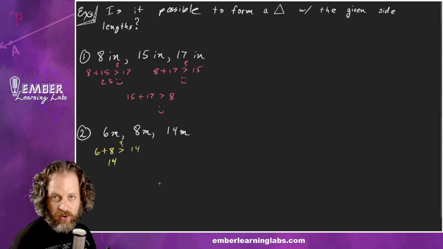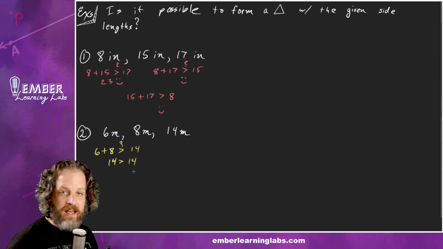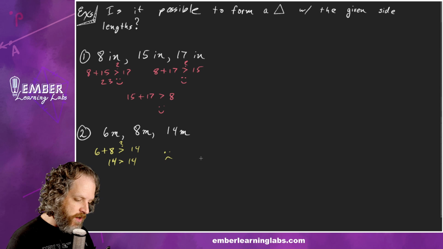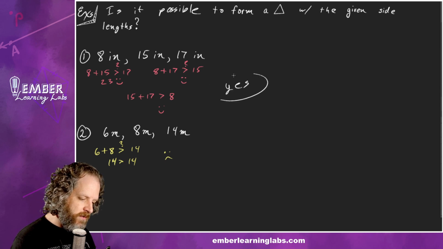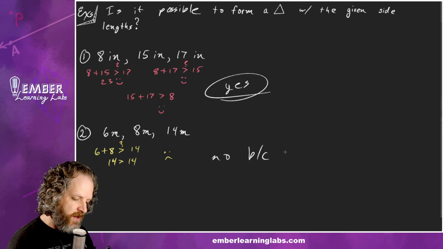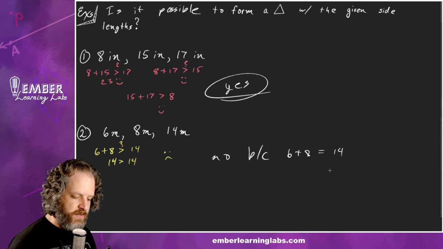So no, you can't do it because 14 is not greater than 14. That is not going to work. So the first one would be yes, and this one would be no, because 6 plus 8 equals 14.